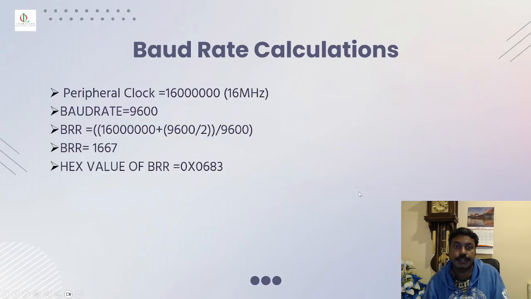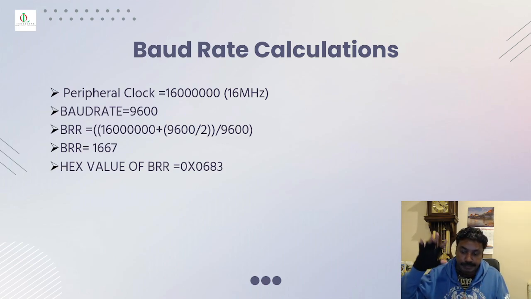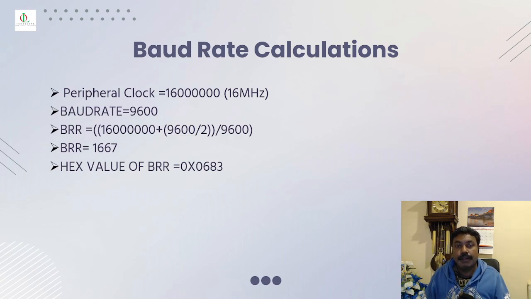So the next one is the baud rate calculation. When you want to know which baud rate you want to put in the calculation and use it in the program, as you know, going by the previous session, this STM microcontroller peripheral clock is 16 megahertz, and we are considering using a baud rate of 9600.